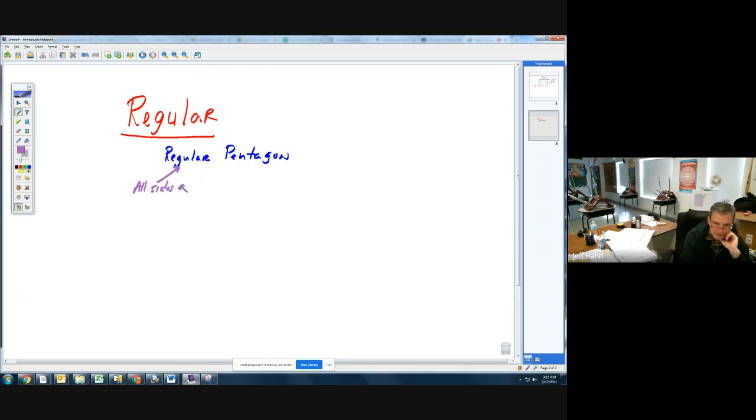All sides are equal. That means if it was a regular pentagon, because I can't draw with this thing very well, I'm actually going to use my little thing here to draw you one. Oh, look, there's one. Let's make the middle not colored in so it actually looks like a line-shaped pentagon. Okay, so there is a regular pentagon.